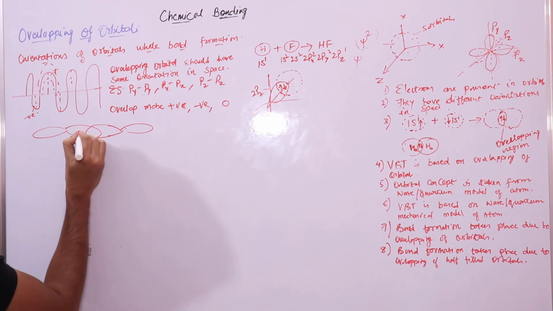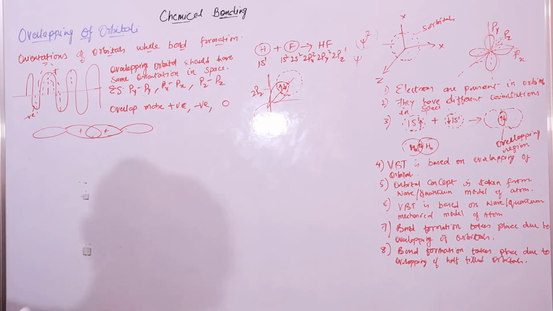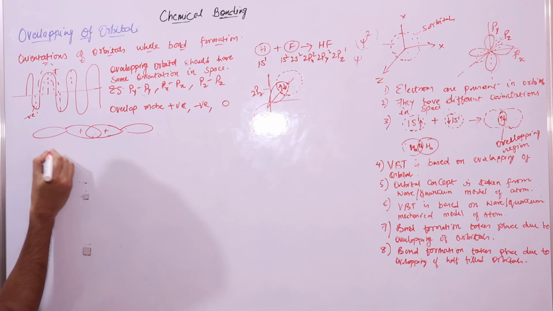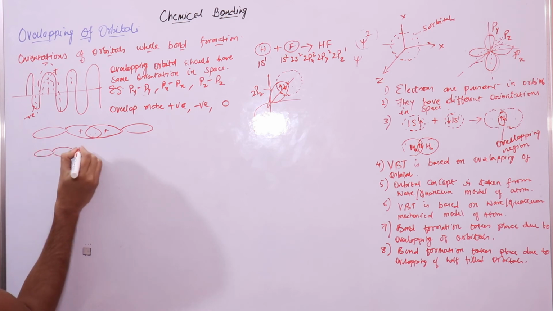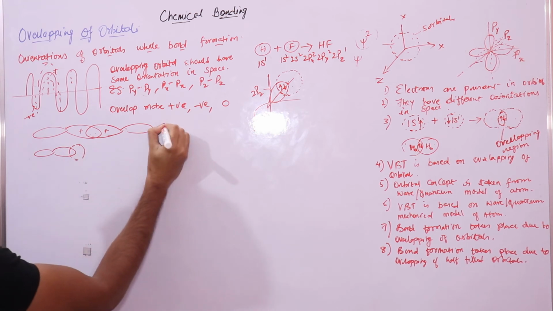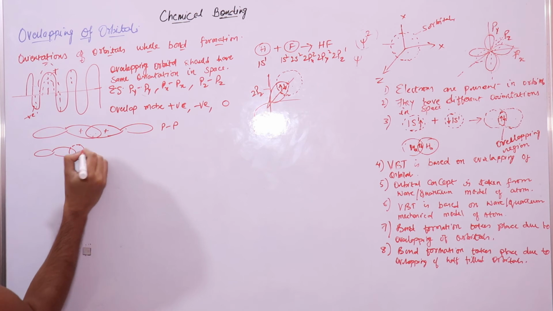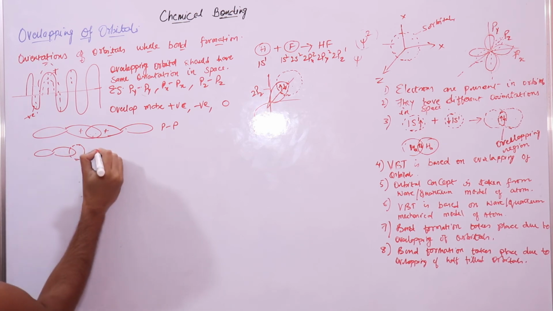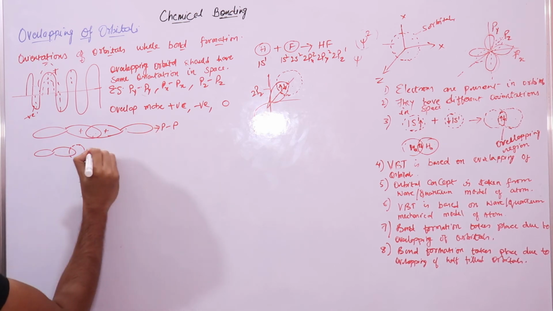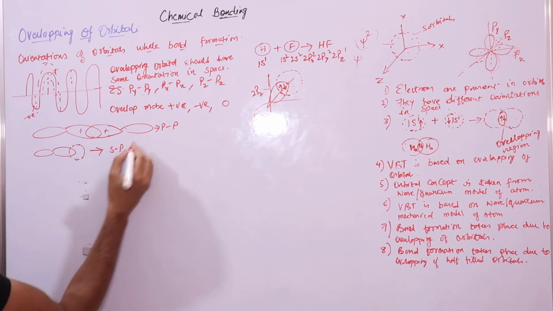Let's draw it like this. This positive lobe overlaps with positive. And another kind of overlapping is like this. This is your p-p overlapping. And this is your s orbital and this is your p orbital, so this is your s-p overlapping.